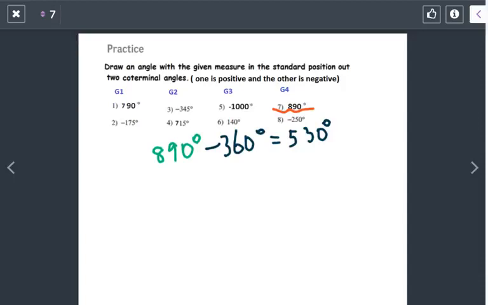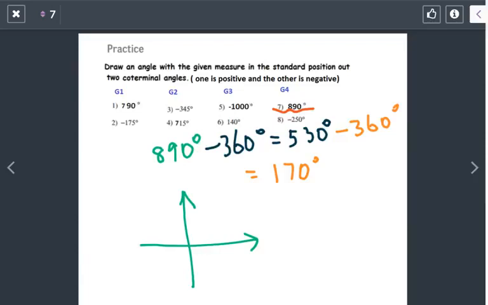Still greater than 360, so do one more, minus 360 degree again. You will get 170 degree. So we can draw that 170 degree here. That's in the second quadrant.